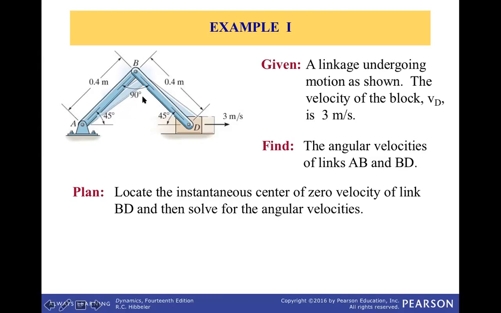The angle shown here is 90 degrees. If something is rotating about a point, its velocity is tangent, at 90 degrees to R. Since it's given this is 90 degrees, VB will be along BD, pointing from B towards D.